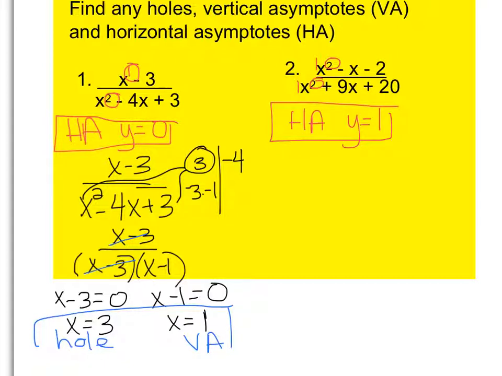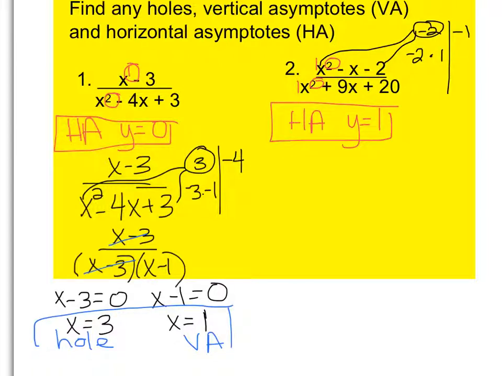Now we move on to the factoring to determine holes in vertical asymptotes. So we go 1 times negative 2, which is negative 2, and it has to add up to negative 1. Well, the only factors of 2 are 2 and 1. One of them has to be negative, and since the 1 is negative, it's negative 2 times 1.